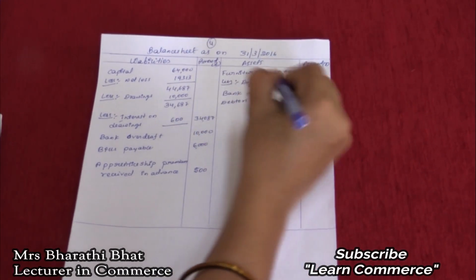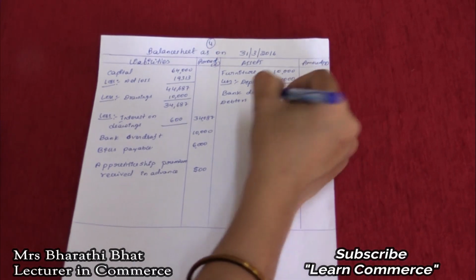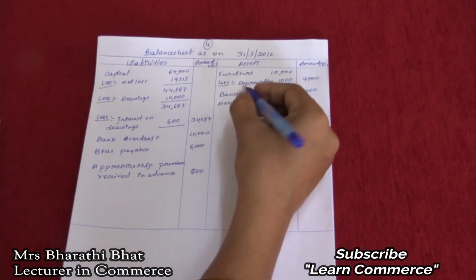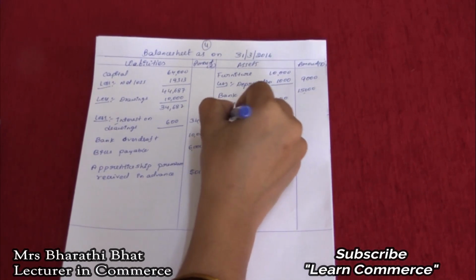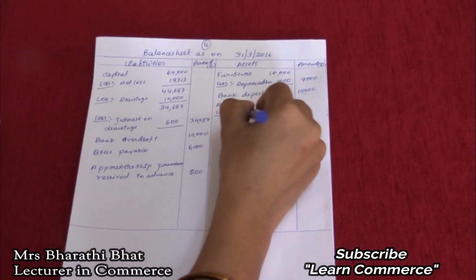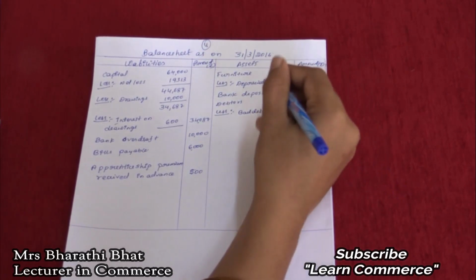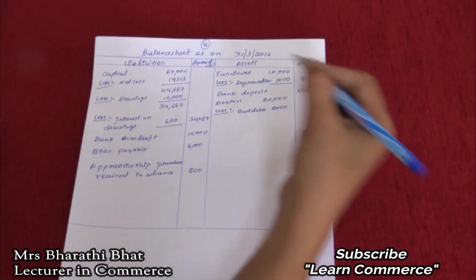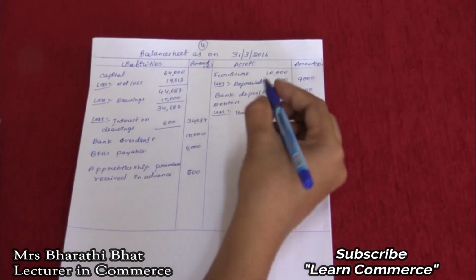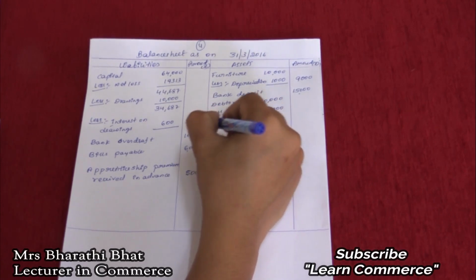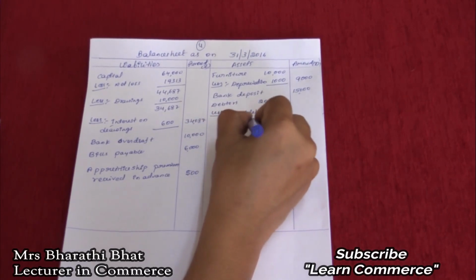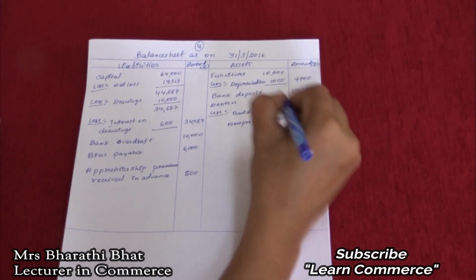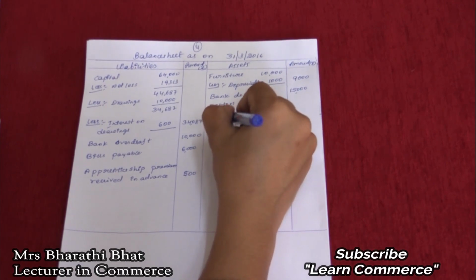Debtors 20,000 in inner column because you have to deduct many items here. Less bad debts. Business bad debts 2,000. Then new provision 900. This is what further bad debt, mention further bad debt.